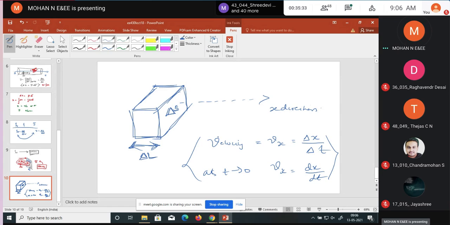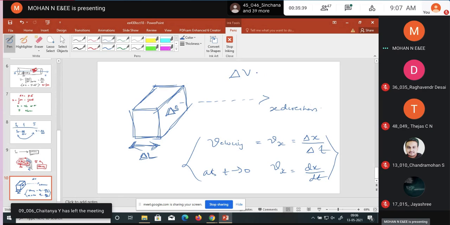What exactly is the volume covered here in terms of the surface and the length?